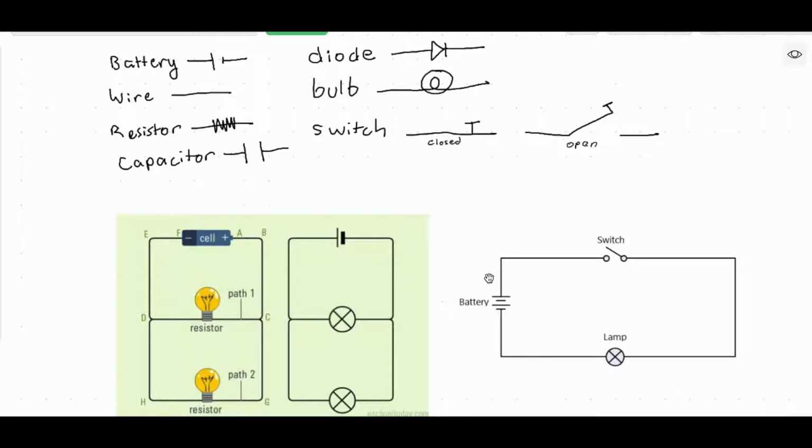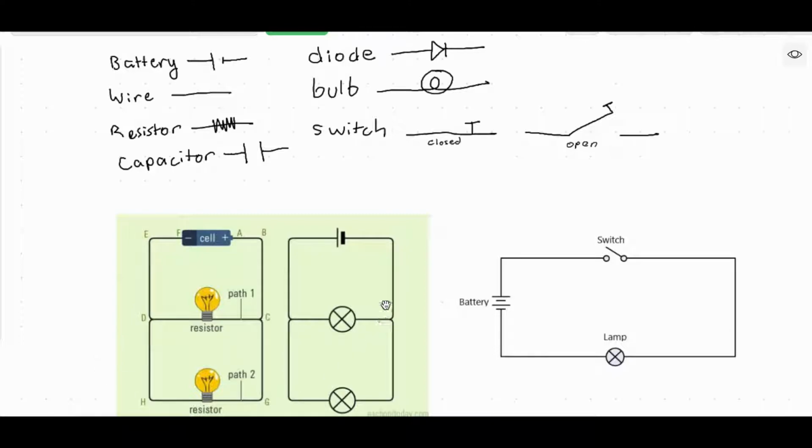Now if you close the switch, then you would have a complete circuit, and the electrons would be able to come back into this end of the battery and continue lighting up the lamp. If this switch is open, you're not going to be able to light up this lamp just because you need a complete circuit. So that is a series circuit.